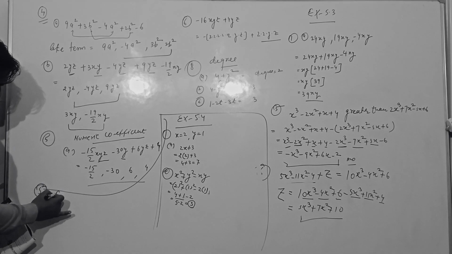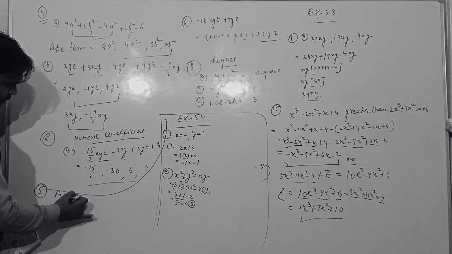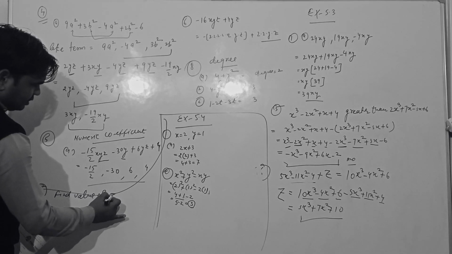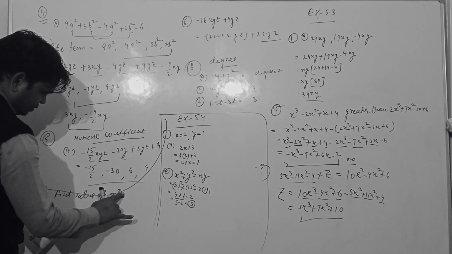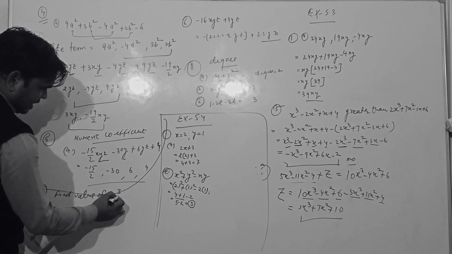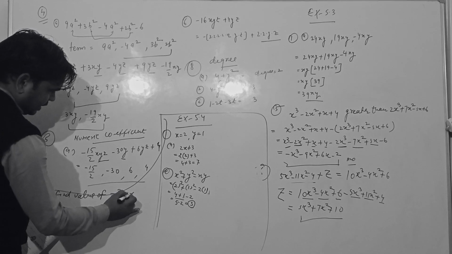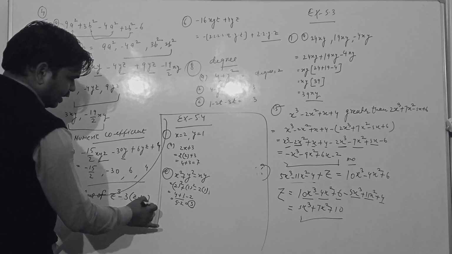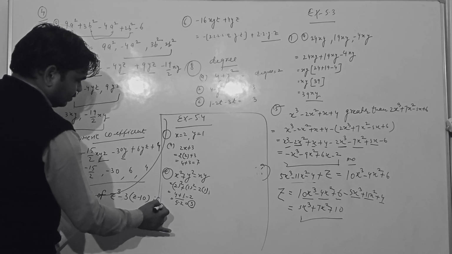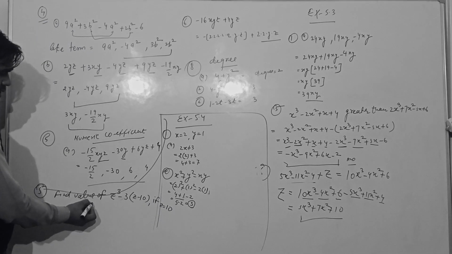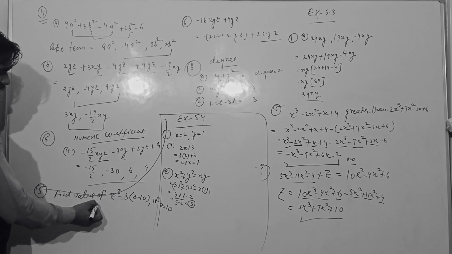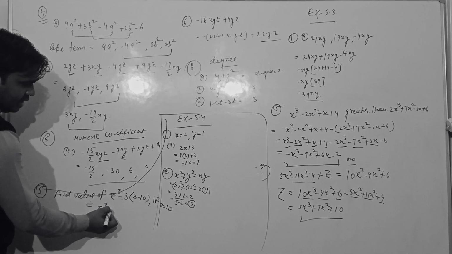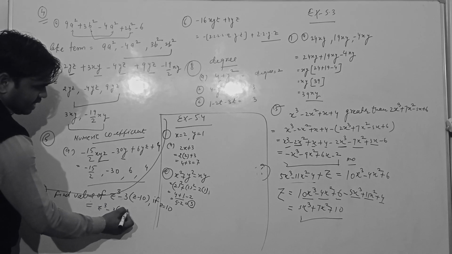Find the value of z cube minus 3z minus 10 if z equal to 10. Here you see, students, z to the power 3 and 3z minus 10.